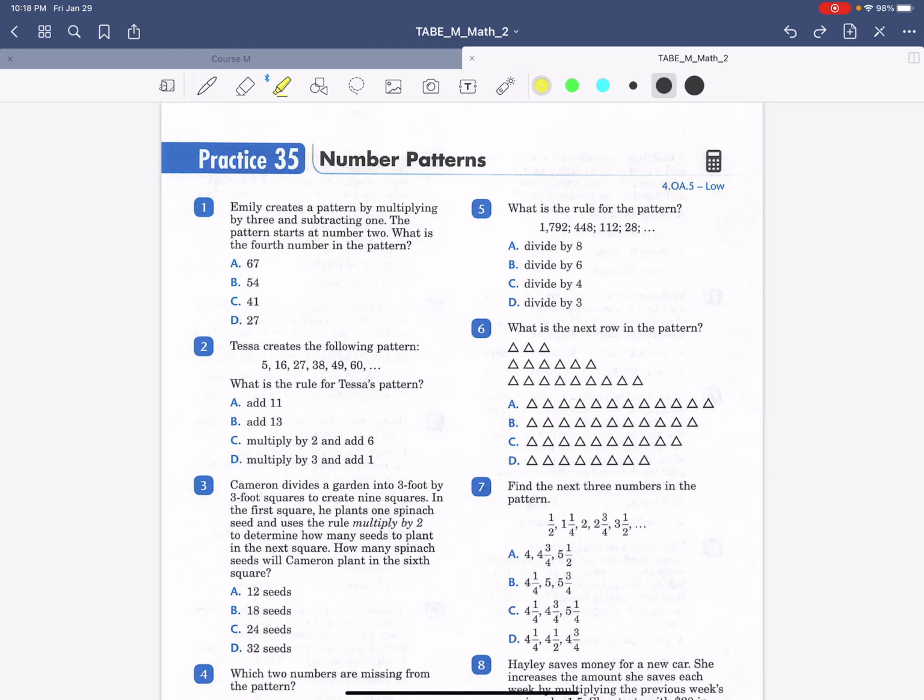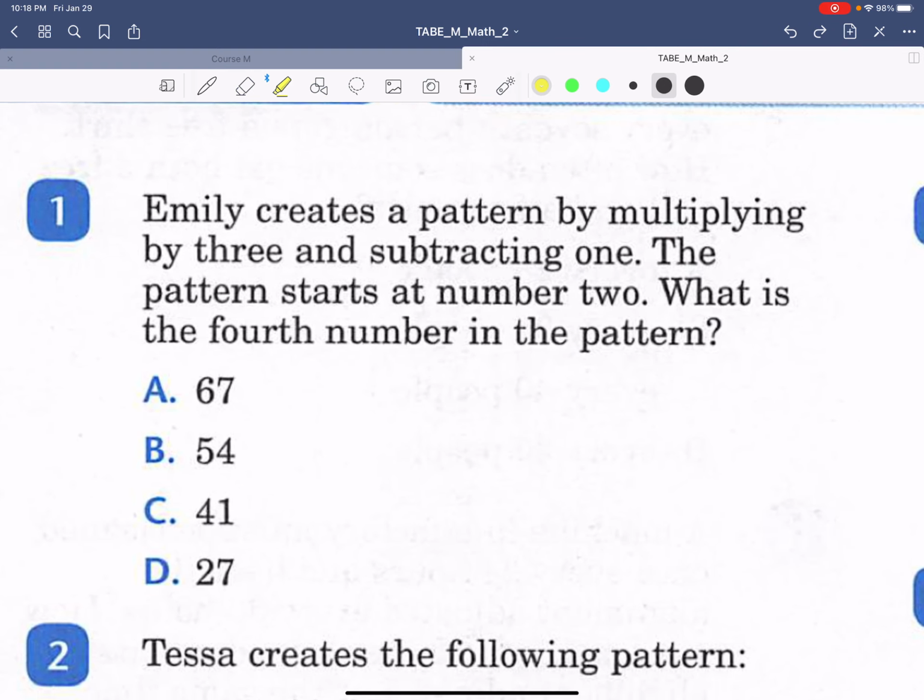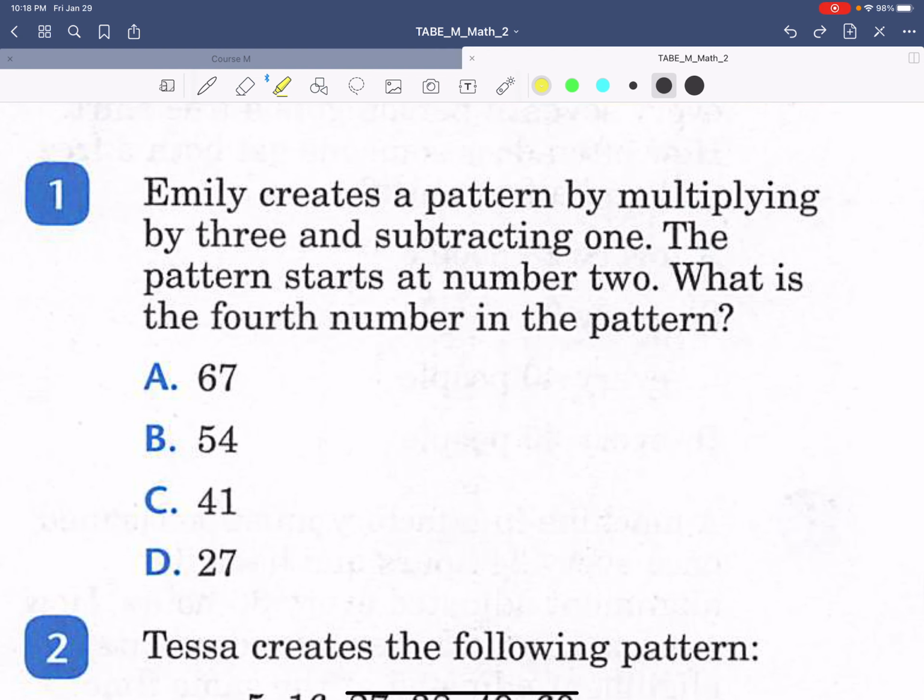Some people will see these patterns immediately and some people don't. So if you don't, that doesn't mean anything's wrong with you. It just means that your brain is not a pattern thinker. But let's see if we can do these anyway. I will show you the input-output table, and I think that will help.